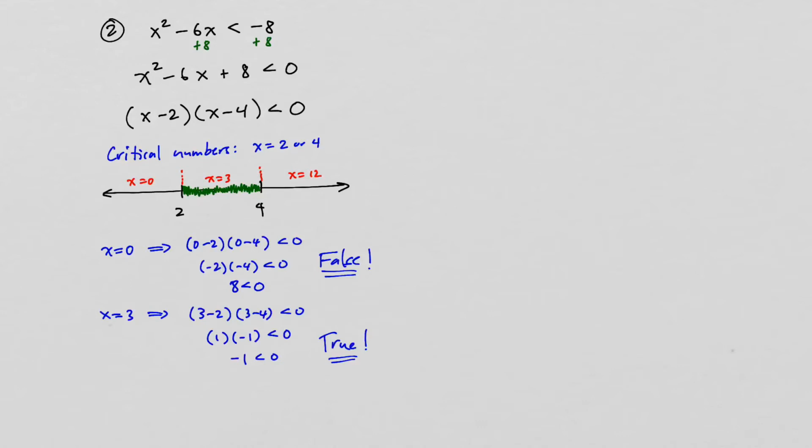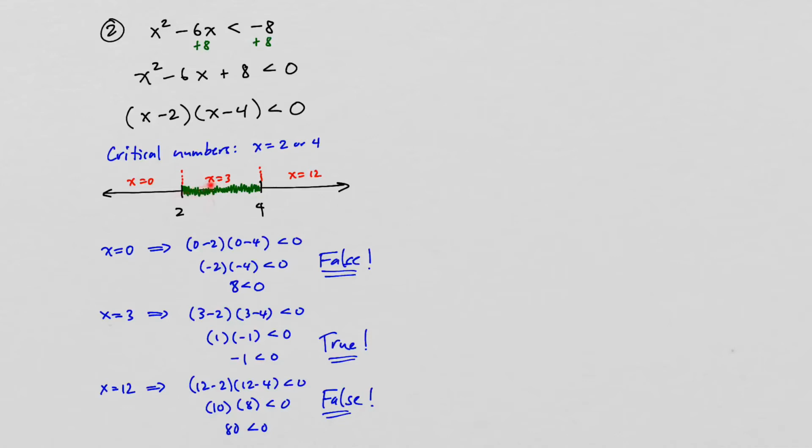Now finally, let's check our last test point, which is x equals 12. So we get 12 minus 2 times 12 minus 4 is less than 0. This says 10 times 8 is less than 0, which says that 80 is less than 0. And this is false. And so we will not be shading our last interval here.